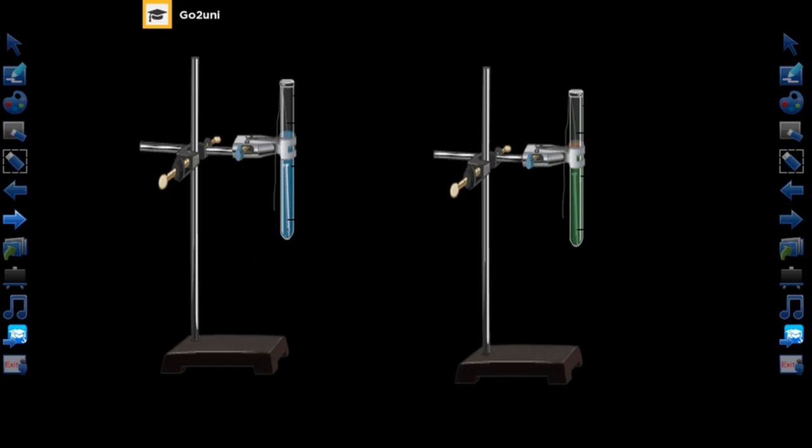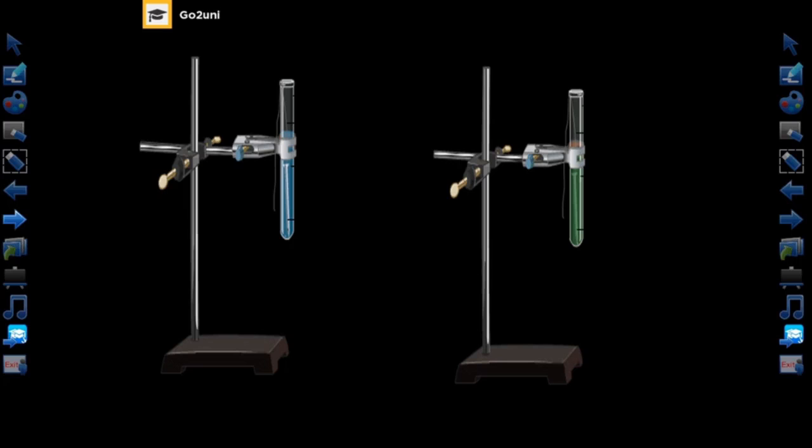And after some time, the blue coloration of copper 2 sulfate turns light green, telling us that iron has displaced copper from that solution to take its place, and it is now iron 2 sulfate solution.